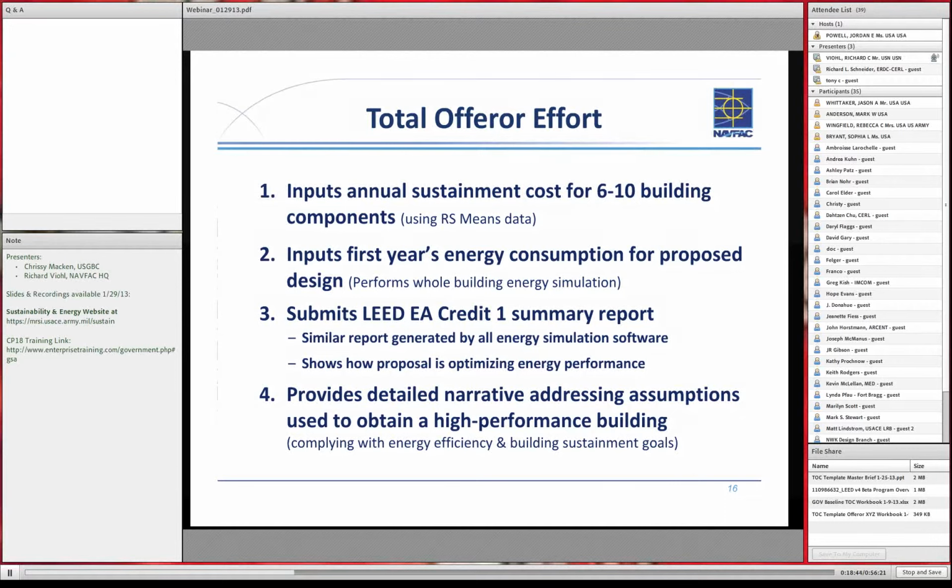We are looking for some backup documentation, and this LEED EA Credit 1 summary report comes from all of the commercial whole building energy simulation software packages out there, and that allows our government team to see a nice summary of the inputs and the outputs to that energy analysis. And then we do also have a narrative still accompanying this, so that we have some ability for further explanation.